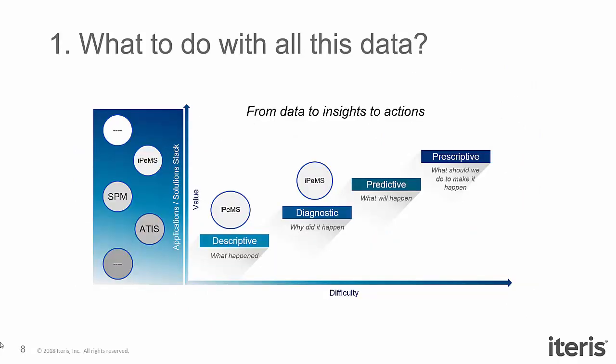So on the difficulty to applicability solutions chart, the iPeMS or PeMS features fit in two buckets: what happened, and then why did it happen. There are elements of different data sets that tell you different components of that. The Valhalla is up here in the predictive and prescriptive pieces, where you start to use the tools yourself to try to figure out how to predict.